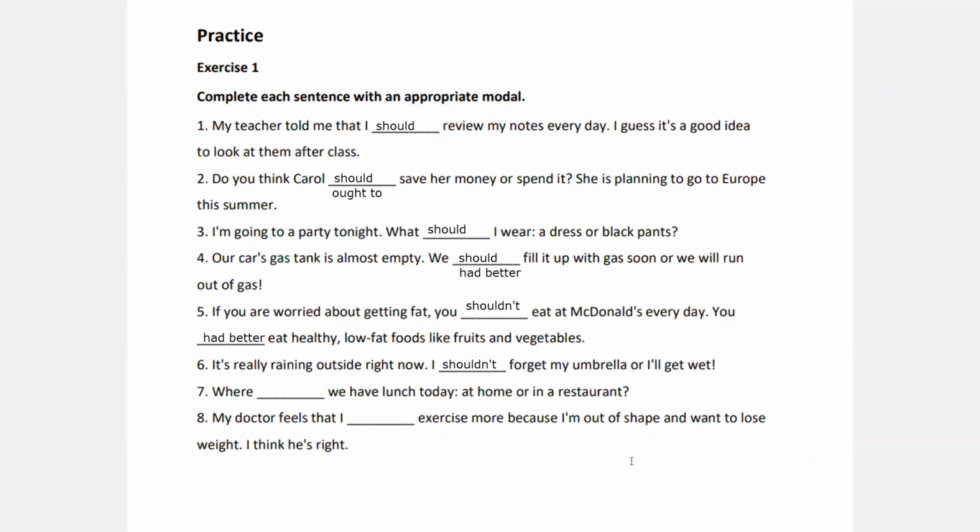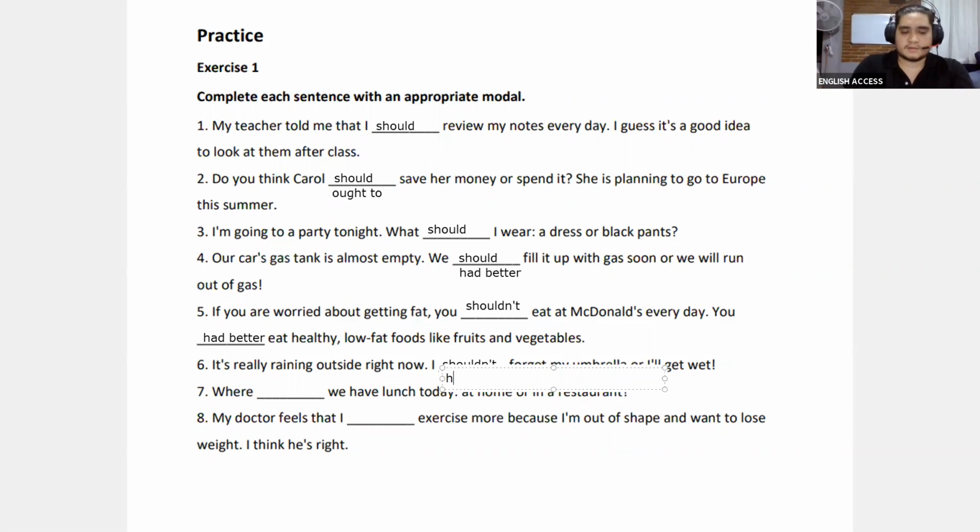Yes. But in this case, I think had better could be the best option here. I'd better not forget my umbrella or I'll get wet.